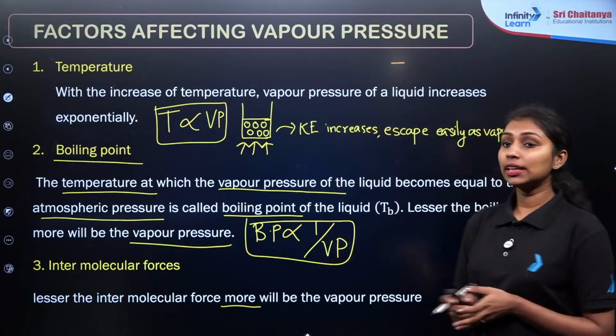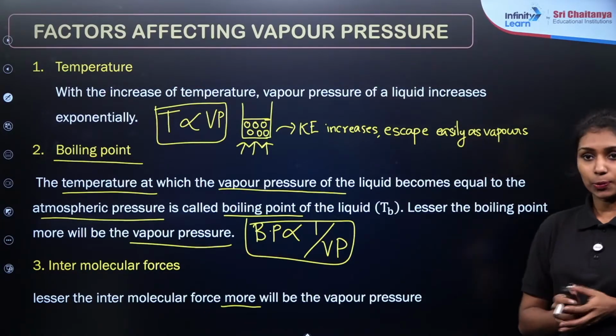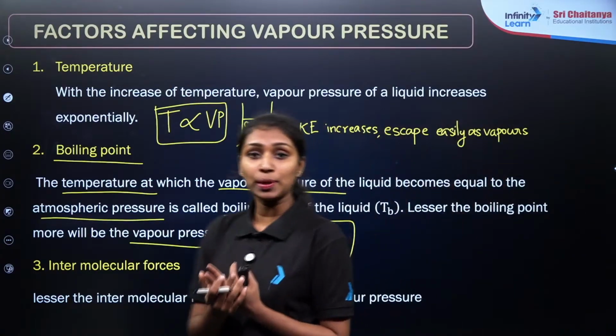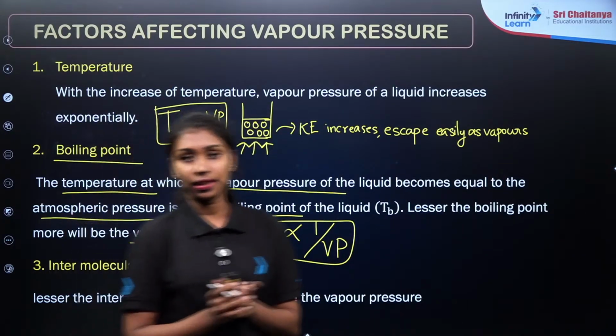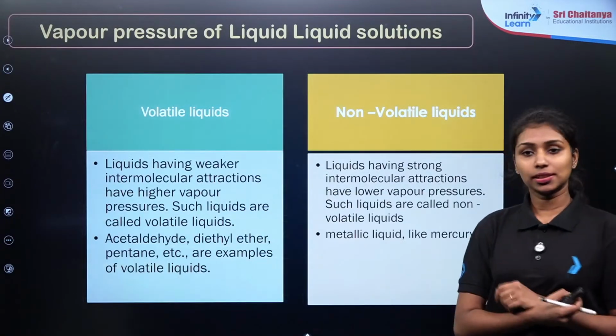Now let us talk about the vapor pressure of liquid-liquid solutions, and how it is affecting them. Before that, we need to talk about what we mean by volatile liquids and non-volatile liquids.